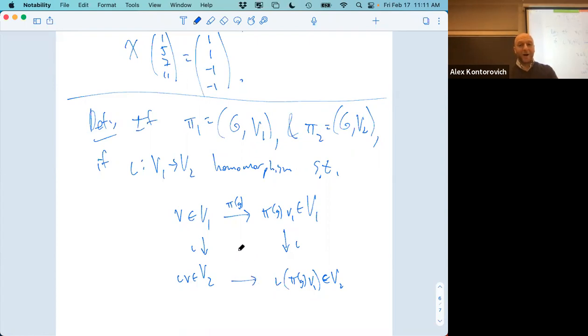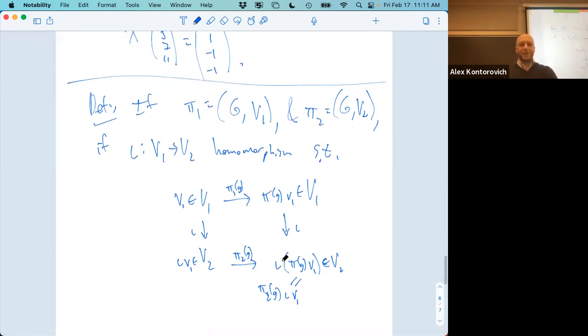I also have pi 2 of g, which could send iota v to pi 2 of g iota v, and that's another element of V2. And of course, these two have to be the same. So let's write it like this: iota pi 1 equals pi 2 iota.